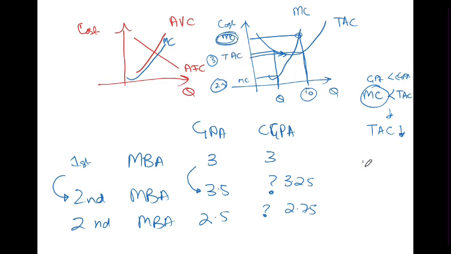The other scenario: your marginal cost is greater than your total average cost. So, if your GPA is greater than your previous semester CGPA, this will cause your CGPA to go up. In other words, when the marginal cost, the cost of making that one additional good, is more than the average cost of producing things in your factory, the total average cost will start to go up.